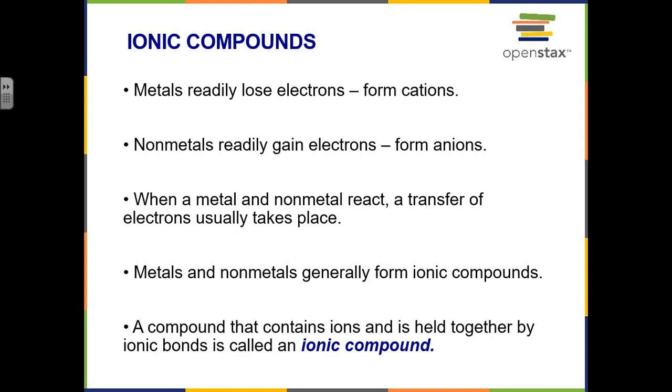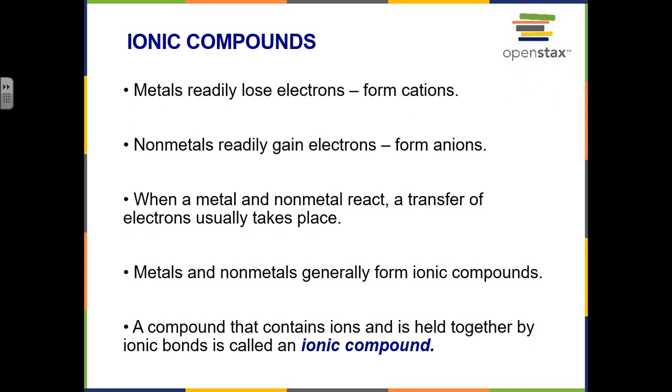Now, ionic compounds form when metals readily lose electrons to form cations, and nonmetals readily gain electrons to form anions. And when a metal and a nonmetal react, the transfer of the electrons usually takes place. Now, the metal and nonmetals generally form these ionic compounds, so one rule of thumb in recognizing whether something's an ionic compound or covalent compound is maybe possibly looking at the location of the elements in question.